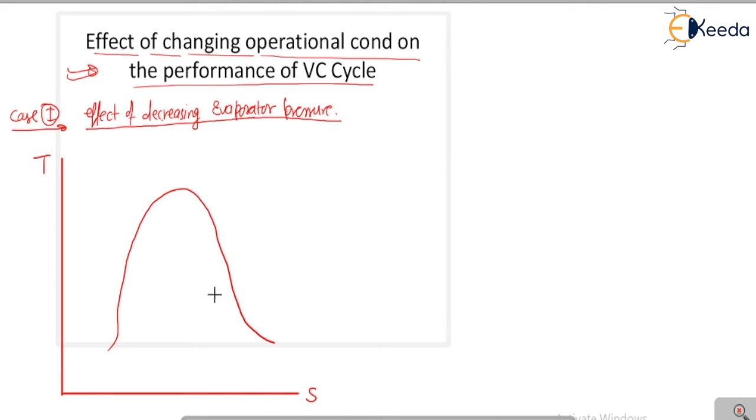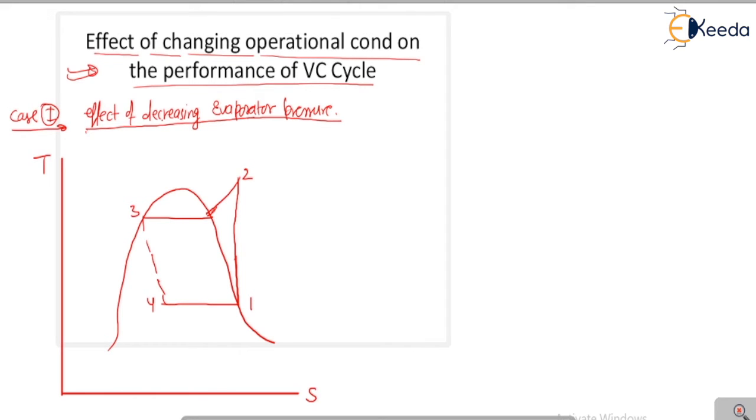Over this saturation curve, our VC cycle looks like that. This is our fourth point, this is our first, this is our second, and this is our third point.